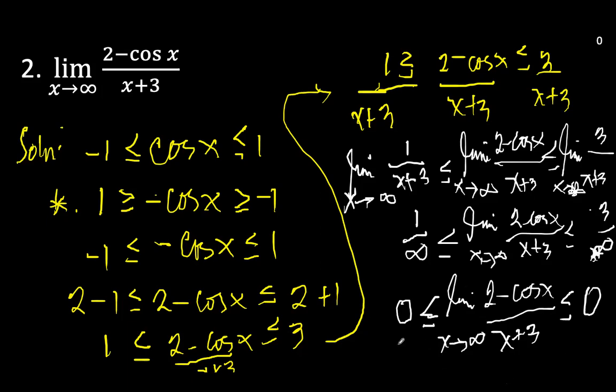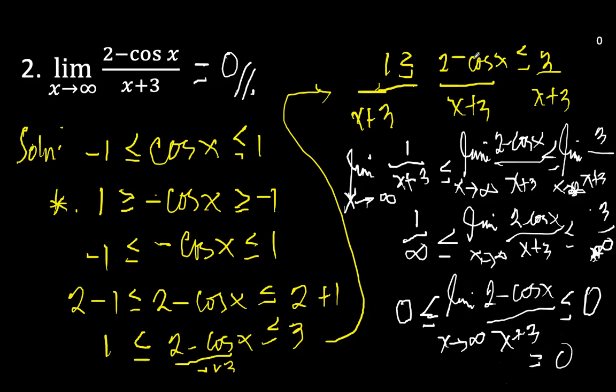All right, so since the left-hand side and the right-hand side are equal, we are sure that the limit of 2 minus cosine x over x plus 3 is equal to 0. So the answer here is 0. I hope we got the same answer, and I hope you got the solution correctly.